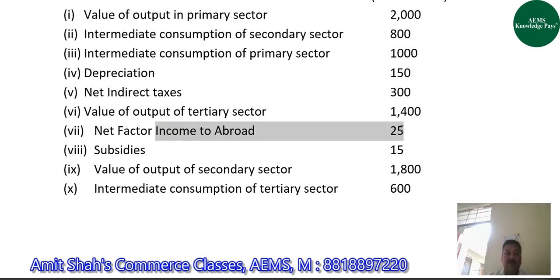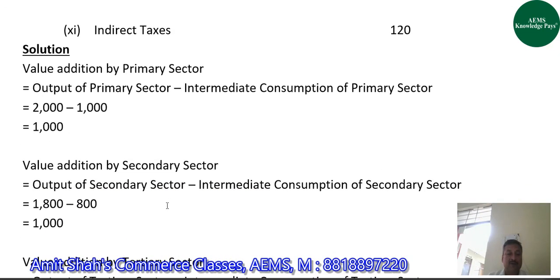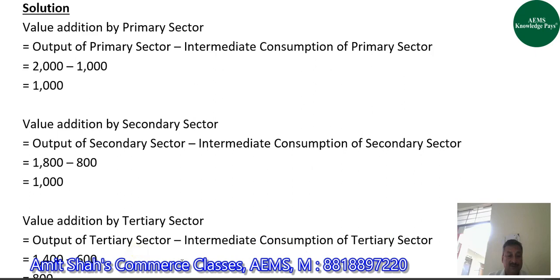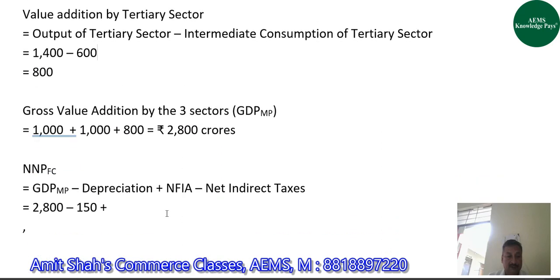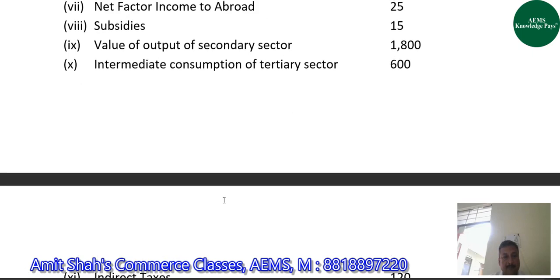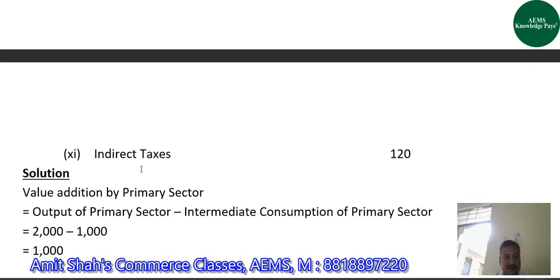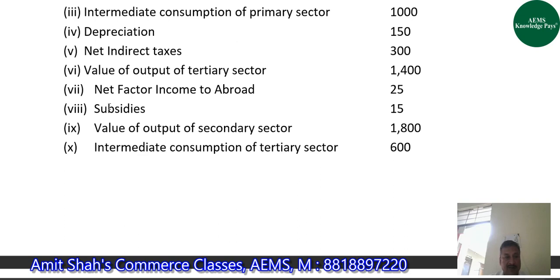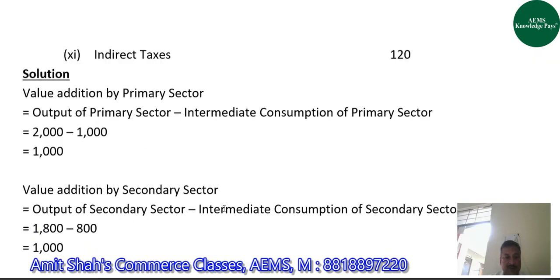So net factor income from abroad is minus 25 crores. So plus minus 25. Then net indirect taxes. Net indirect taxes is indirect taxes minus subsidies. Indirect taxes given to us are 120 crores and subsidies are 15 crores.